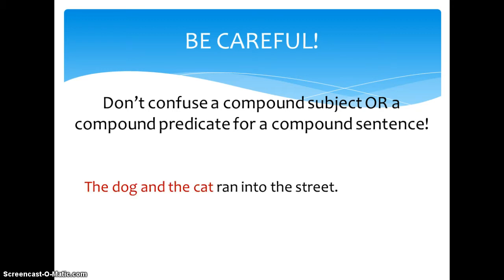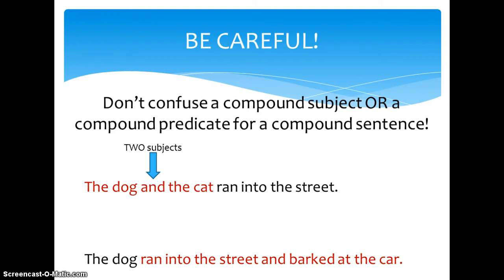For example, this sentence, the dog and the cat ran into the street, has a compound subject. Both the dog and the cat are the subjects of our sentence. But there is only one predicate.